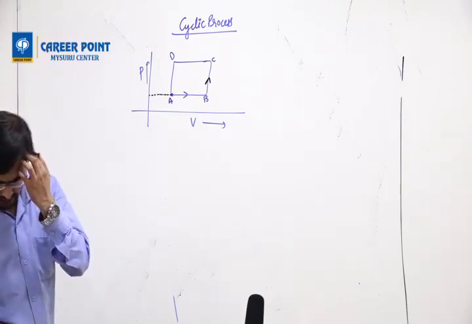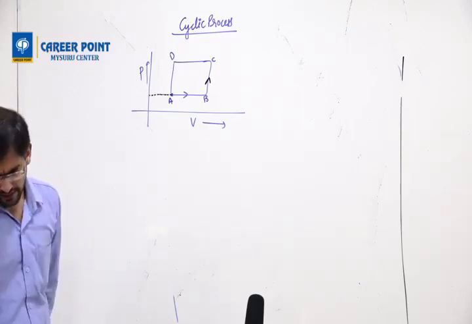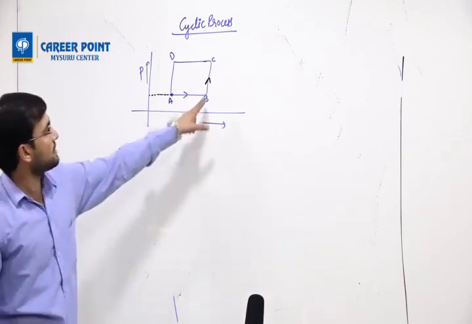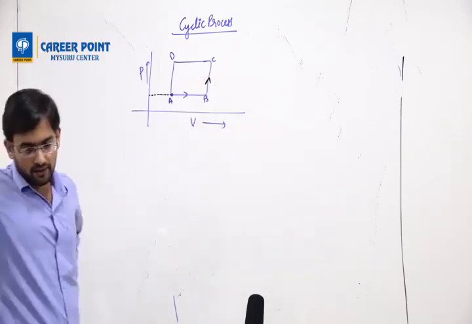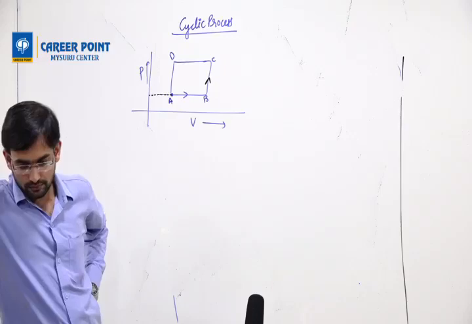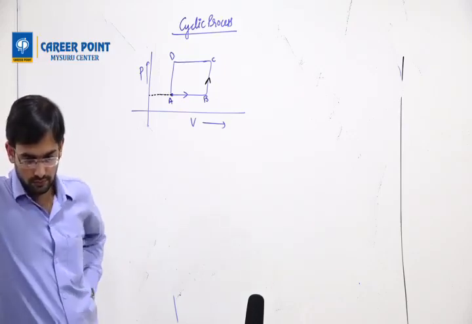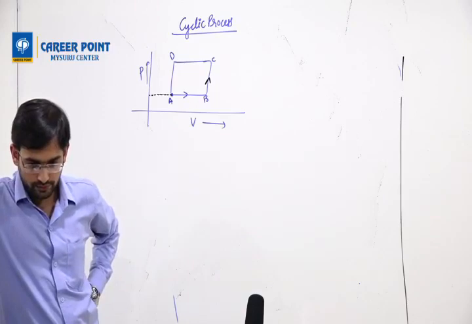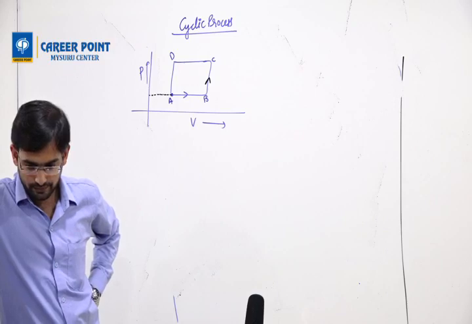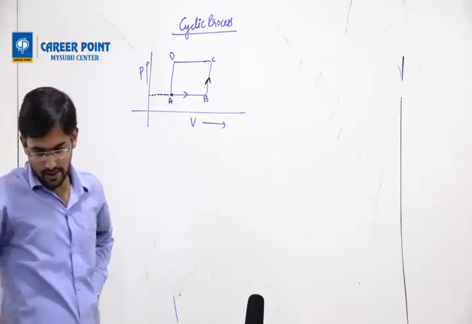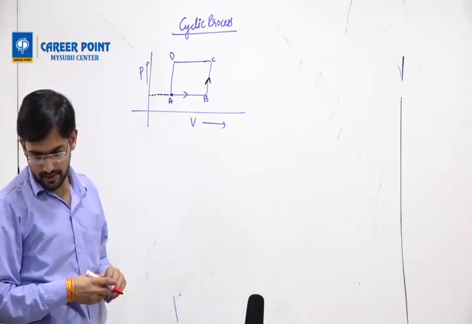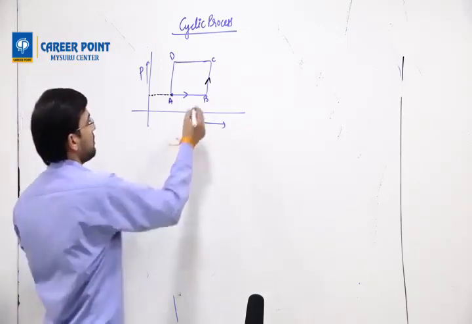What about B to C? Not isothermal. Next is B to C, we will draw one more line.